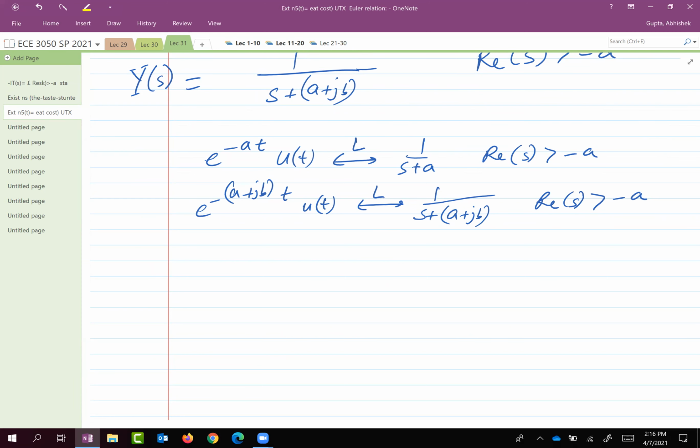So there's quite a bit of similarity between the two Laplace transforms. I replaced a with a plus jb in the second expression, and in the denominator as well. So it looks pretty similar, and the region of convergence is not changed at all. It's the same.